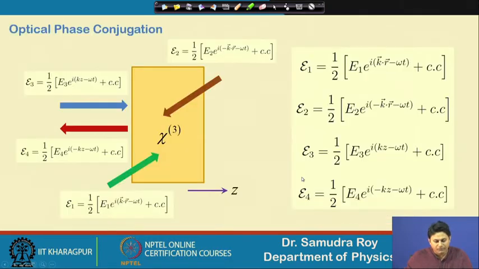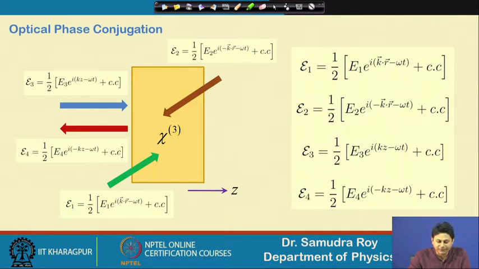So, now let us try to understand in detail exactly what is going on. As I mentioned at the start of this class, this is nothing but the 4-way mixing problem that we have been discussing for the last few classes. Here we have a 4-way mixing, but all the waves have the same frequency.